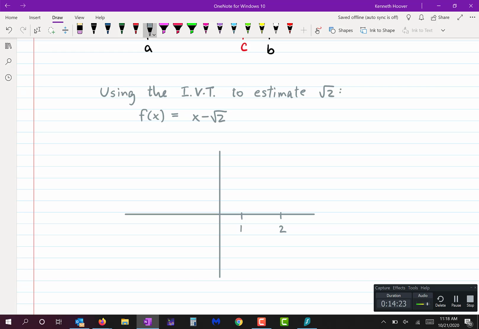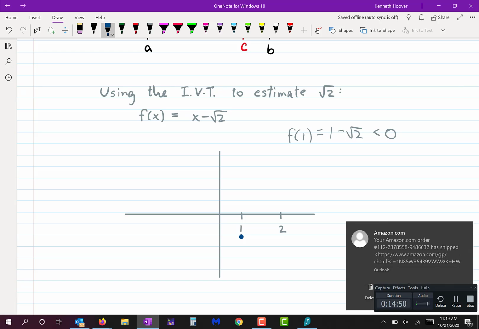In other words, if I plug in 1, I will get f of 1 equals, let's just do some scratch work here. F of 1 equals 1 minus the square root of 2. And I'm sure that that's a negative number, because I know the square root of 2 is bigger than 1. Okay? Let's not worry about what is it exactly. Let's just say that I know it's negative. I'll just put a dot there.